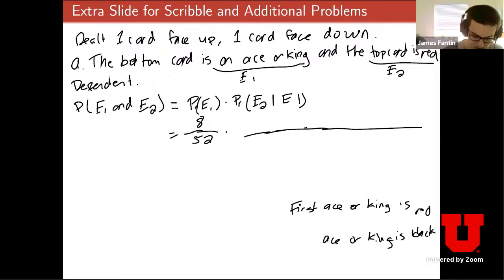So there's 4 ways in the red case that we pick an ace or king that's red, and there's 25 ways that we can pick the next card to be red, because one of them was already taken, so we've got 25.